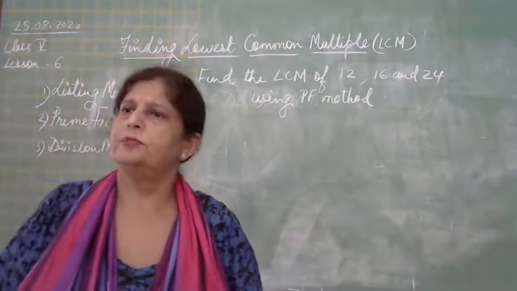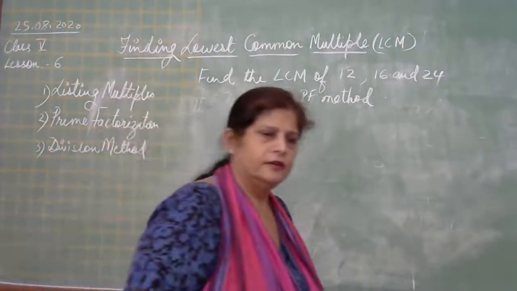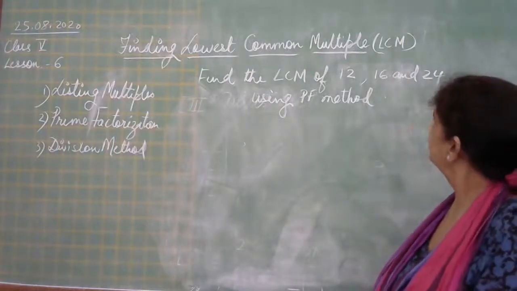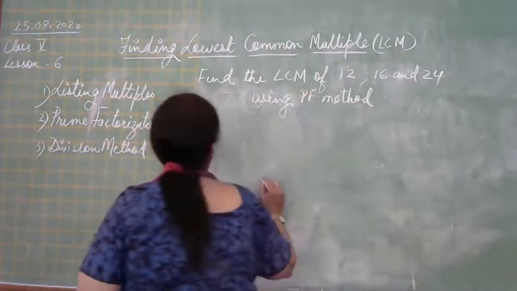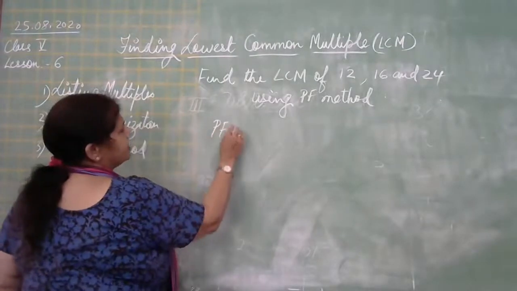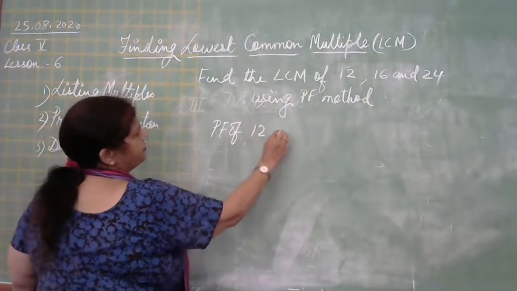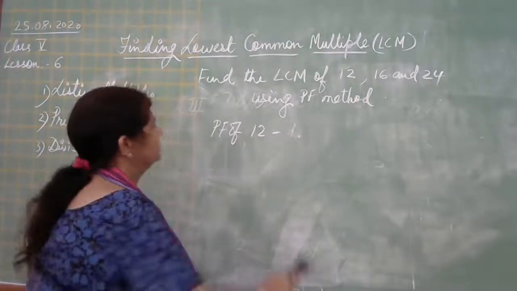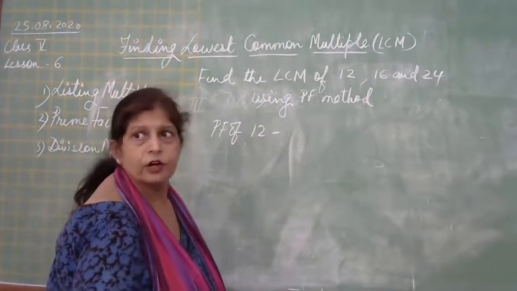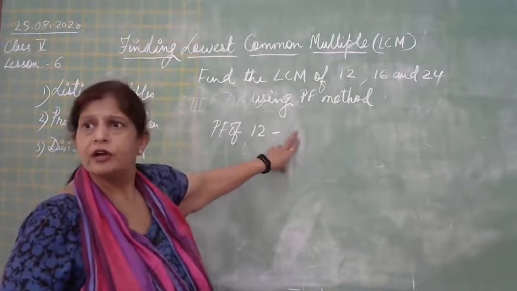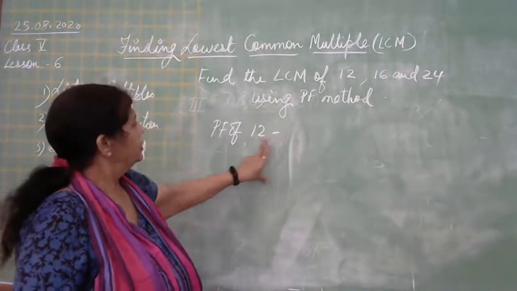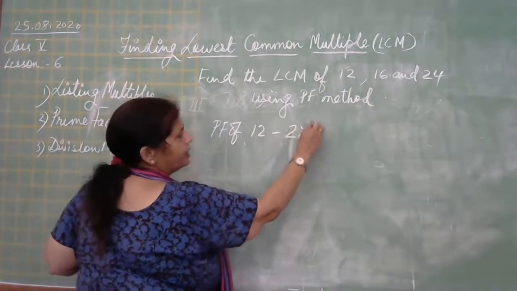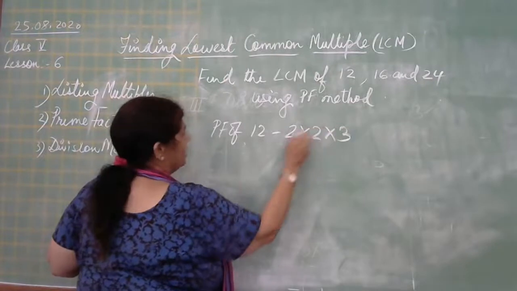That is the answer of the previous one. Children, prime factorization of 12. What is the prime factorization of 12? 2 multiplied by 2 multiplied by 3.